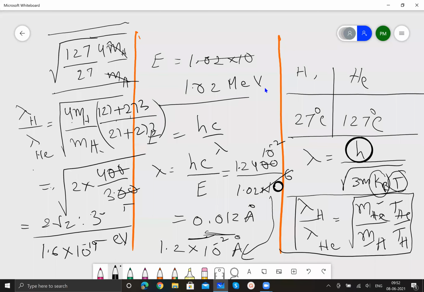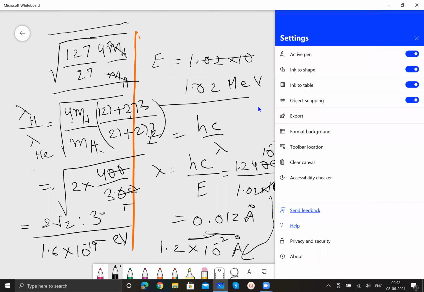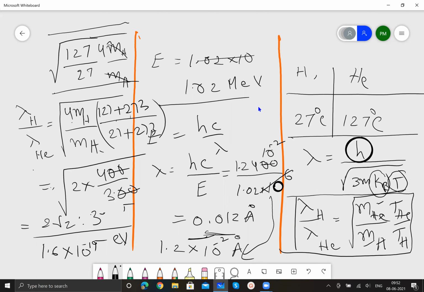This temperature should be in Kelvin scale. You should not directly substitute the centigrade temperature there. Let us do one more. Root over 400 by 300 into 4, so 4 times 2 by root 3, that is 8?